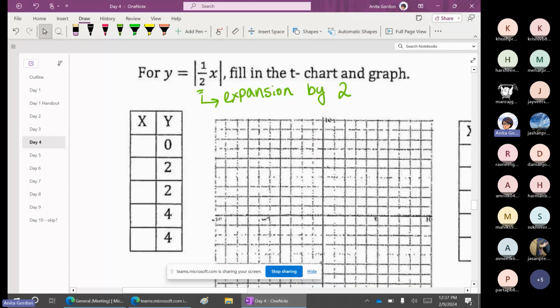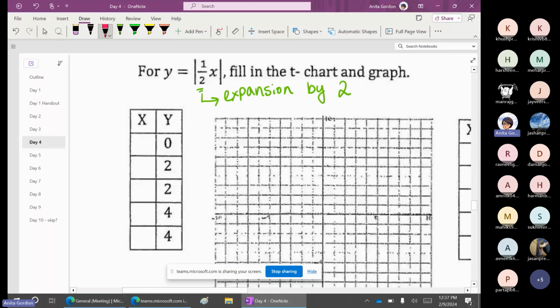And this is how we're going to think of it. We know that 0 is 0 is going to be true. But when I look at y equals 2, that means I put something in here, I divided it by 2, and I got 2. So what divided by 2 will give you a 2? 4.